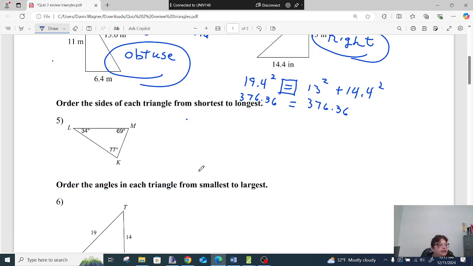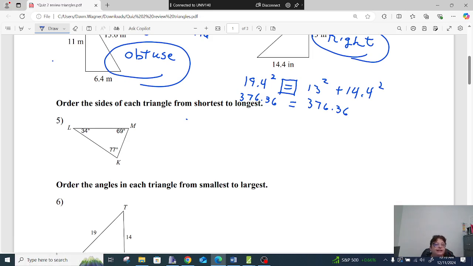Opposite the largest angle is going to be the largest side. Opposite the smallest angle will always be the smallest side length, or shortest. Opposite the largest angle is always going to be the largest side.